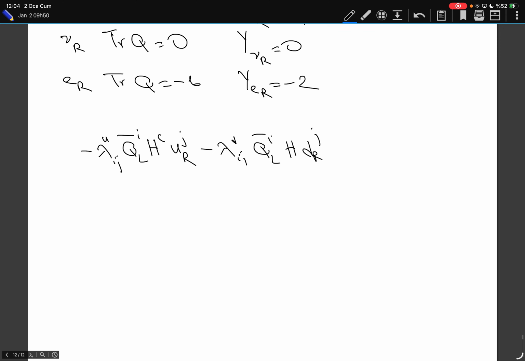If I use the expansion of the Higgs field around the ground state and keep only the vacuum expectation value term, this becomes minus lambda_ij^u v_u times Q_L^i bar u_R^j plus u_R^j bar u_L^i.